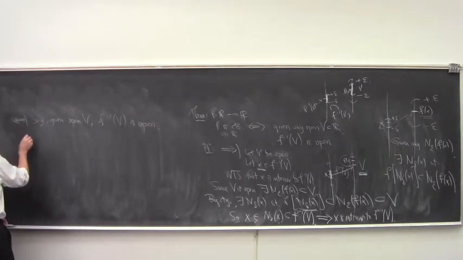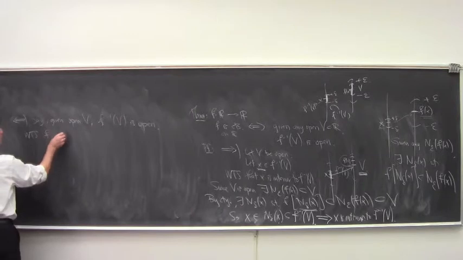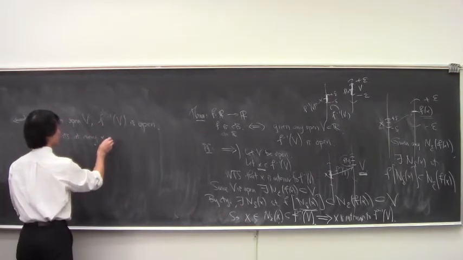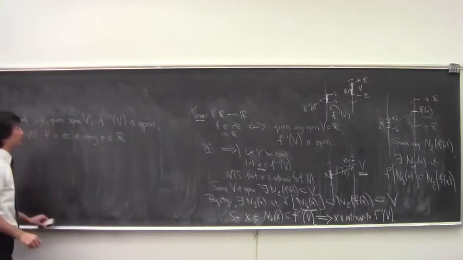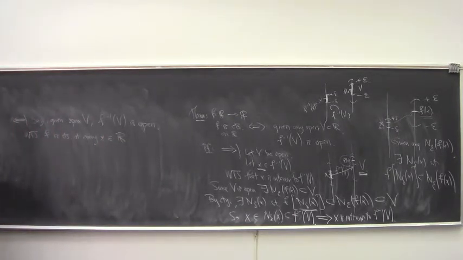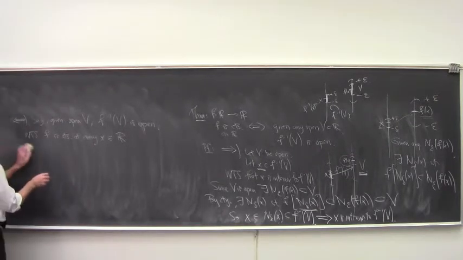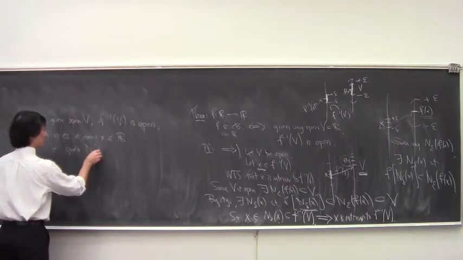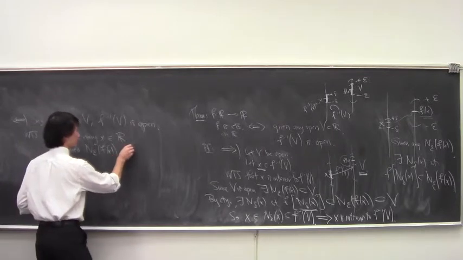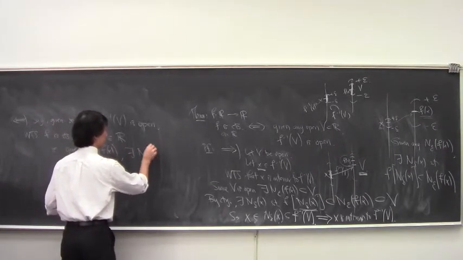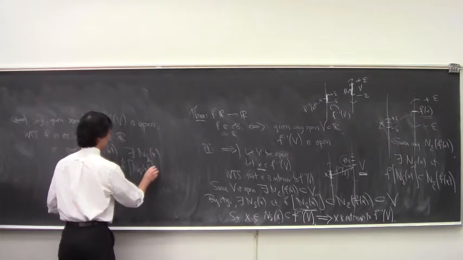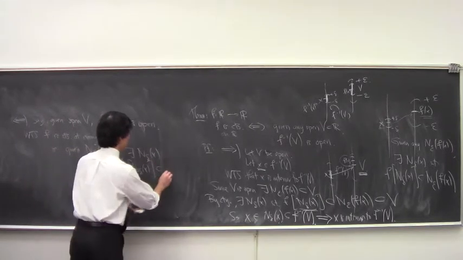We want to show that f is continuous at every x in R. In other words, that given any epsilon neighborhood of f of x, there exists a delta neighborhood of x such that f maps the delta neighborhood into the epsilon neighborhood.